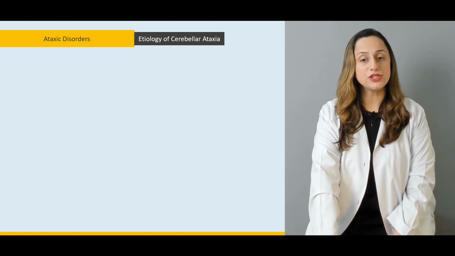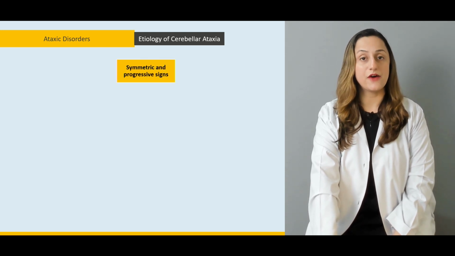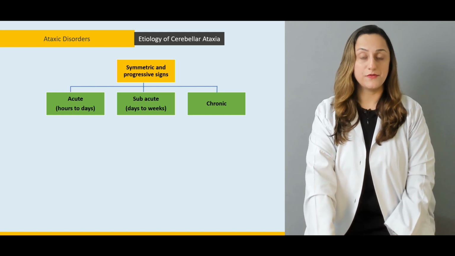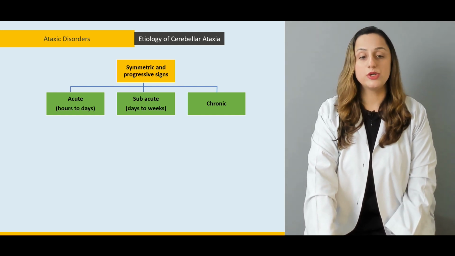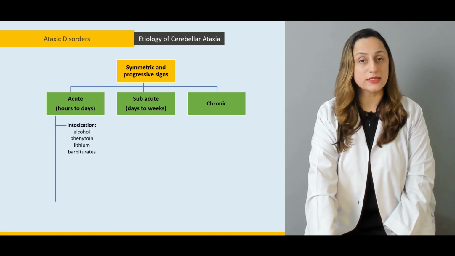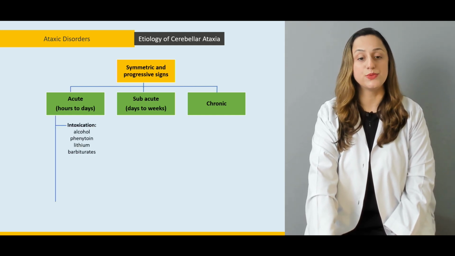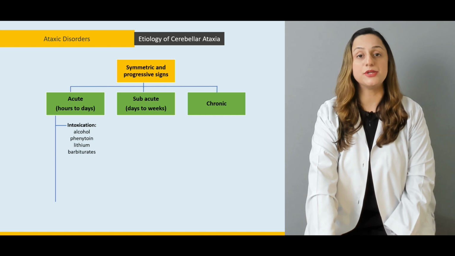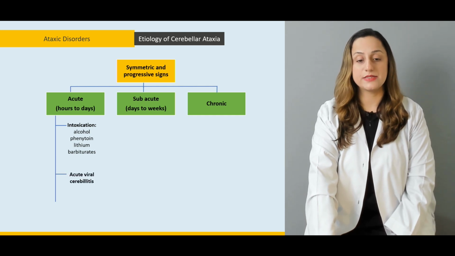Now, the etiology of cerebral ataxias, we have symmetric and progressive signs in these patients, dividing them into the acute phase of the ataxia, which basically manifests in hours to days. We have the intoxication, which can occur due to the intake of alcohol. Even it can be the phenytoin, lithium, and barbiturates that are seen for these patients.